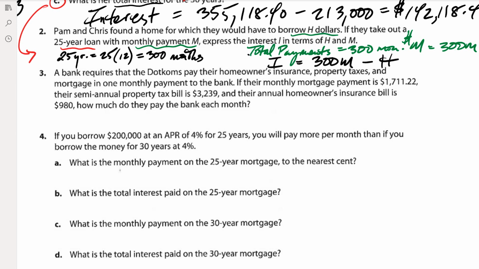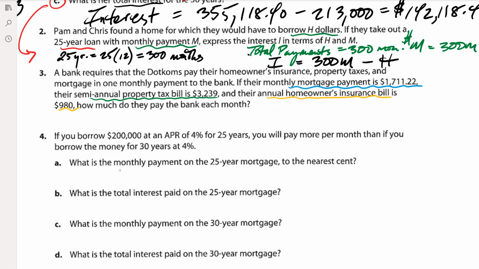If their monthly mortgage payment is roughly $1,711.22, their semi-annual property tax bill, every 6 months, is $3,239, and their annual homeowners insurance bill is $980, how much do they pay each month? So let's separate these things.